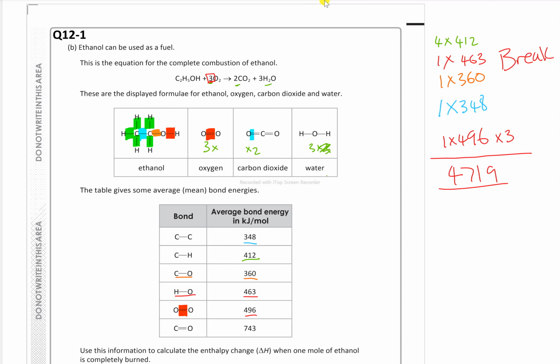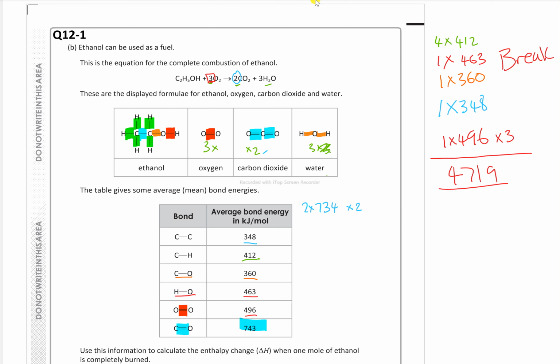Now we need to go on to make. So we've got a carbon, oxygen, carbon, oxygen. So we start here, we'll say 743. We've got 2 of them. But careful, we've got 2 lots of those, right? So we multiply everything by 2. Right, let's do this one.